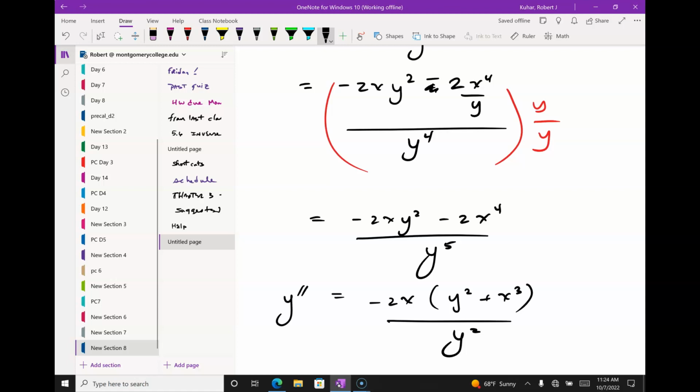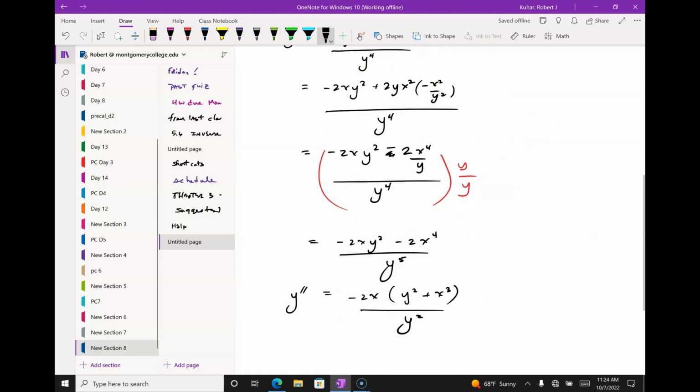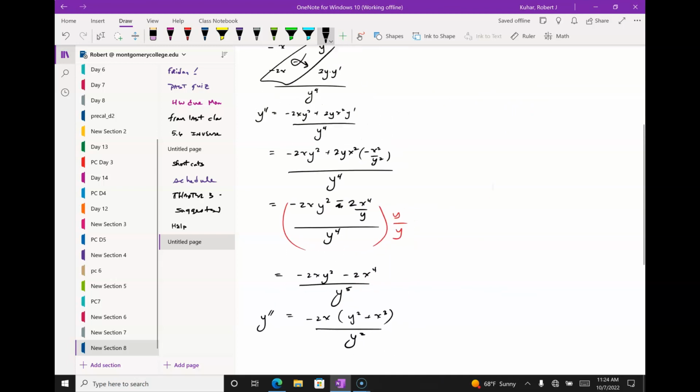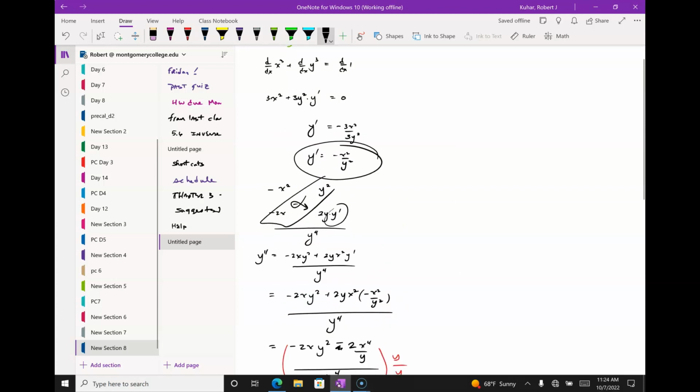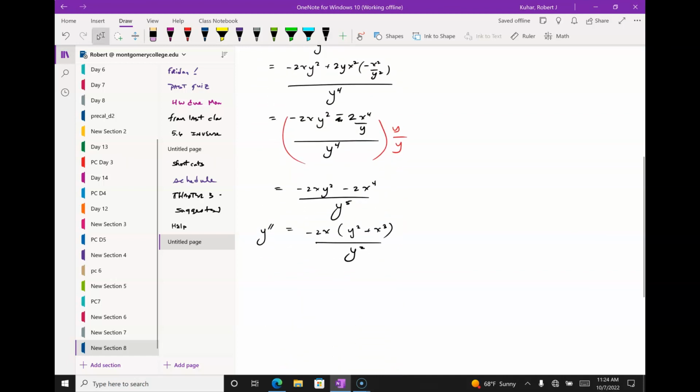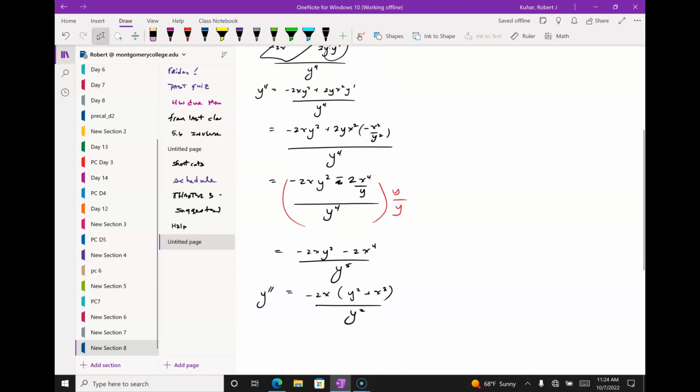Anything else for me to do? Yeah, when I did my second derivative, I got a y prime, but I got that y prime in the first derivative, so I put that back in.